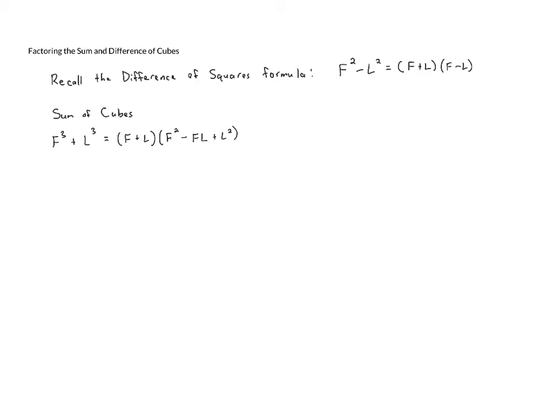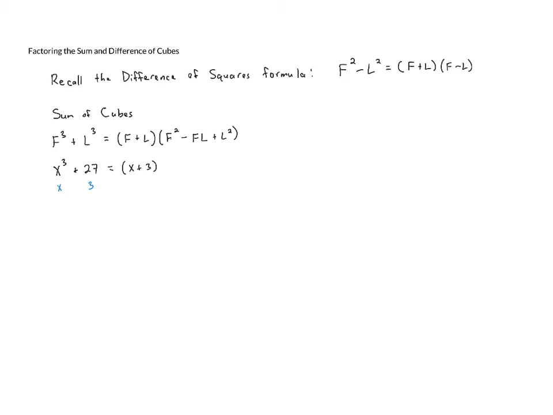So for example, if we have x cubed plus 27, we can recognize this as the sum of two cubes because x cubed is x cubed and 27 is 3 cubed. So then when we go to factor it, we've got x plus 3.